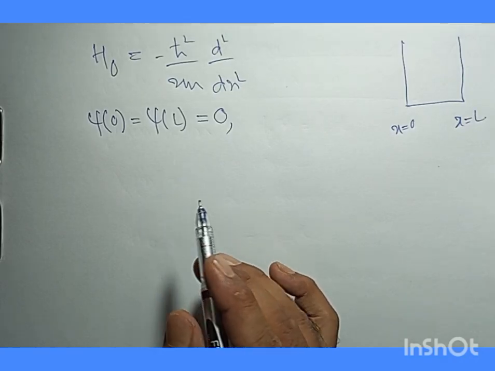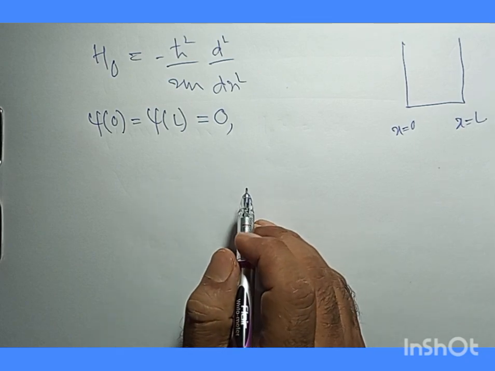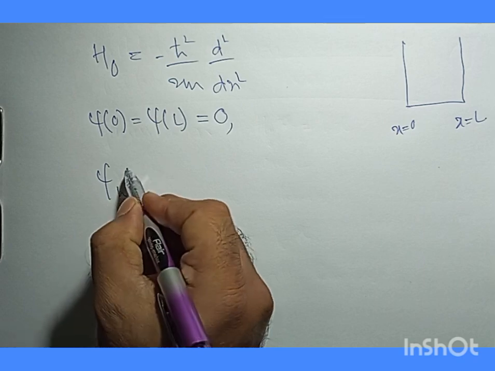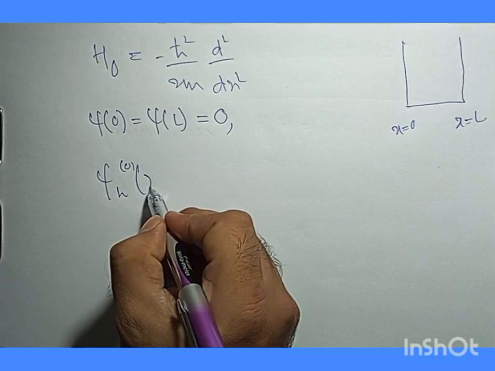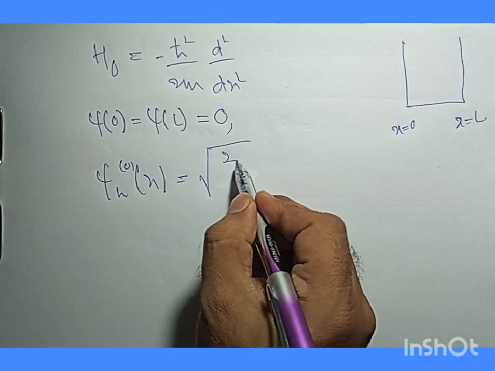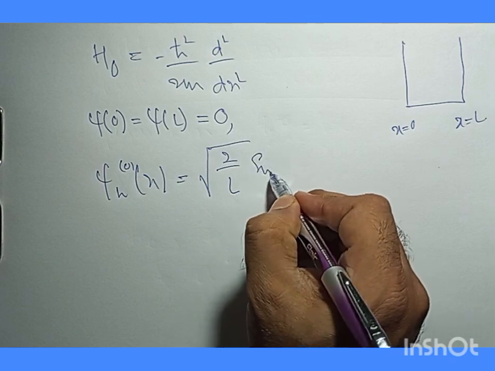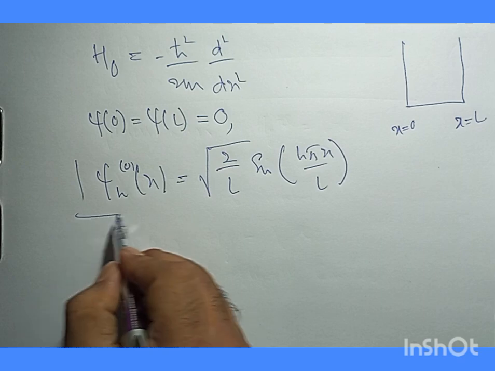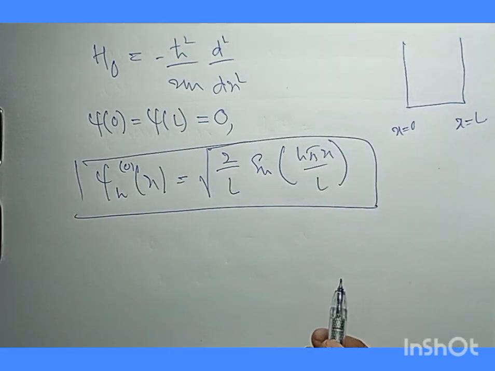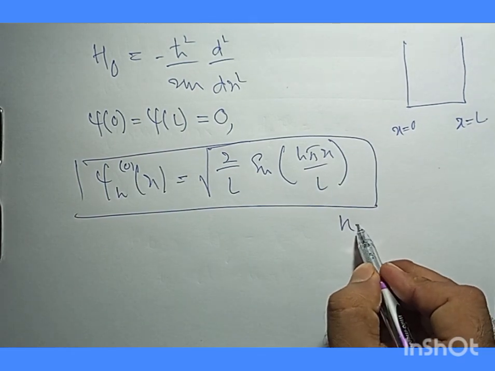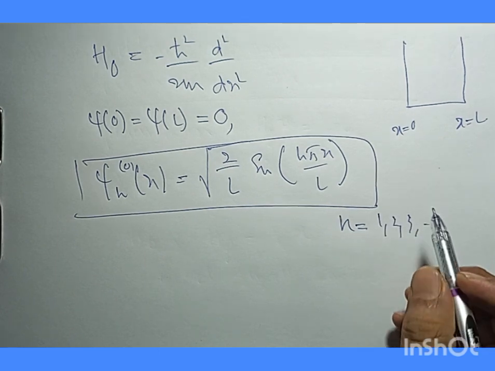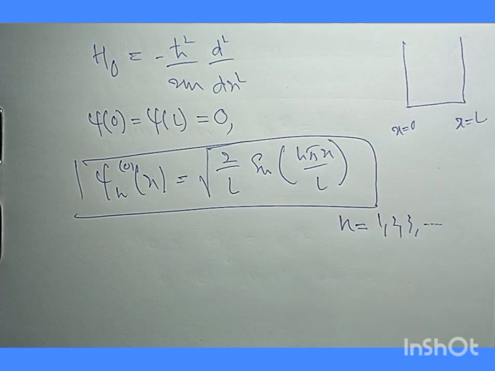The solution to the time-independent Schrodinger's equation for this H naught, which is well known to us, is psi n of x equals under root of 2 by L sine of n pi x by L, where n is an integer like 1, 2, 3, and so on, corresponding to all those unperturbed energies.